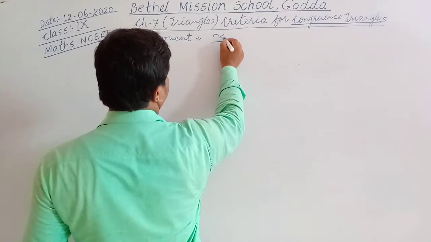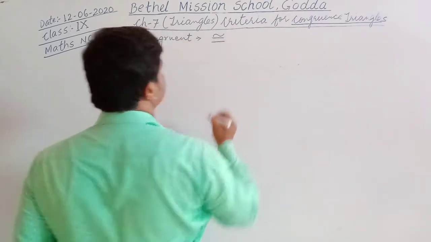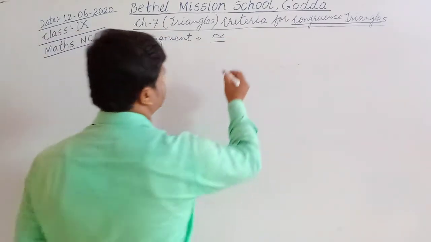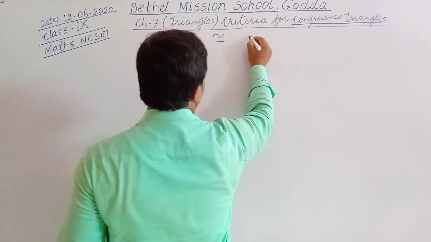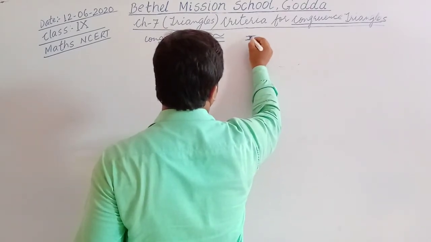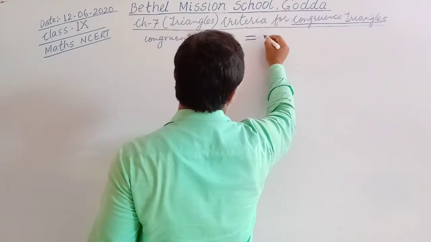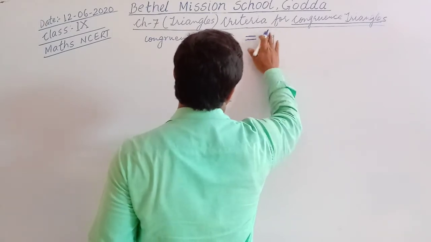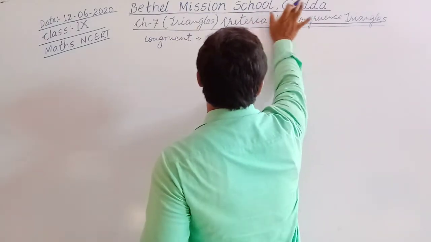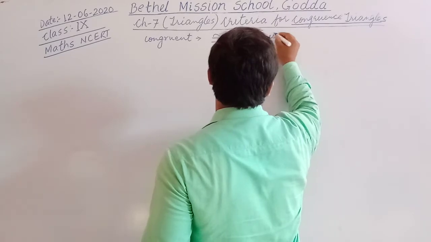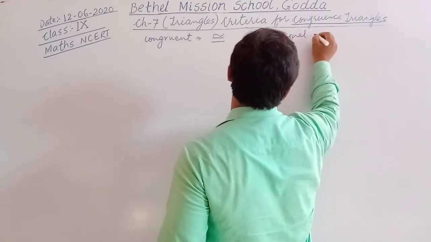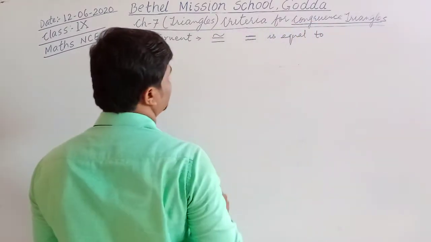Here you can see two types of symbols. One is this type of symbol, which is called equal to.